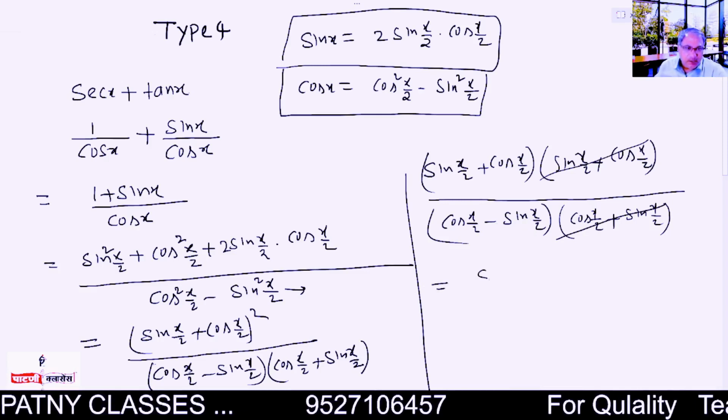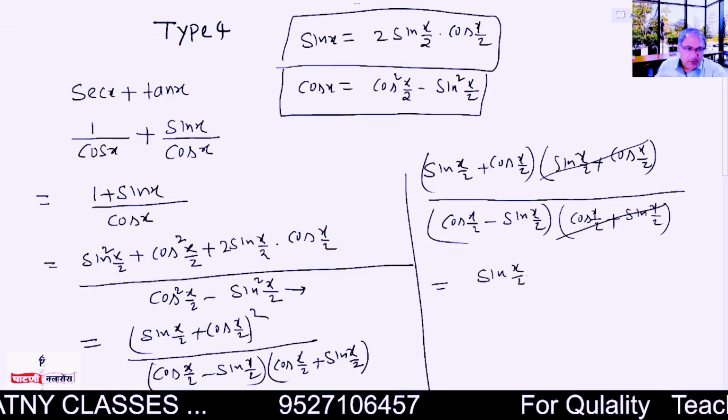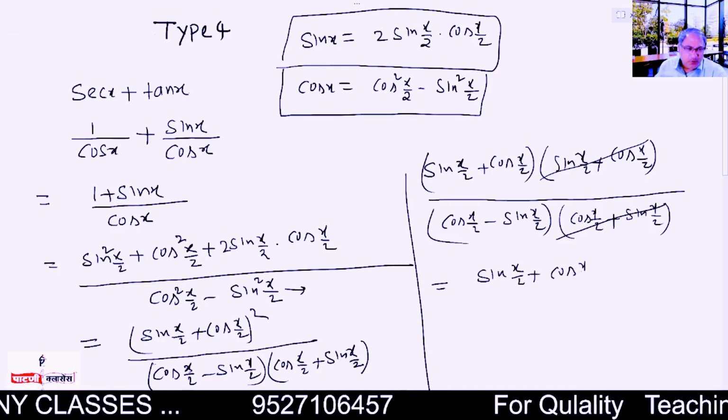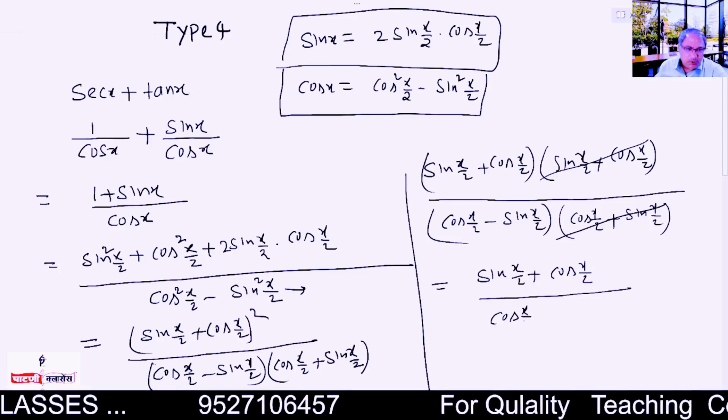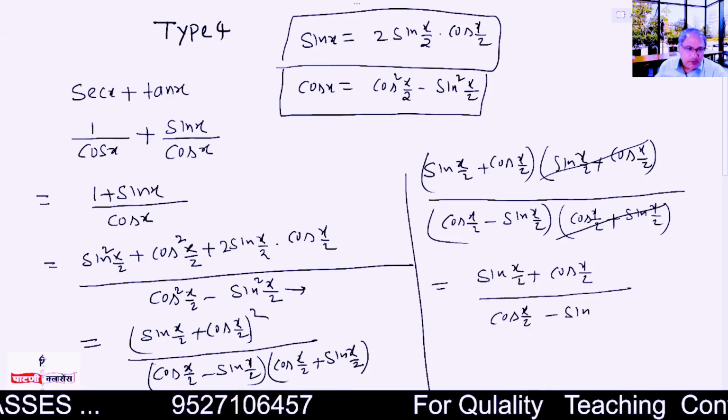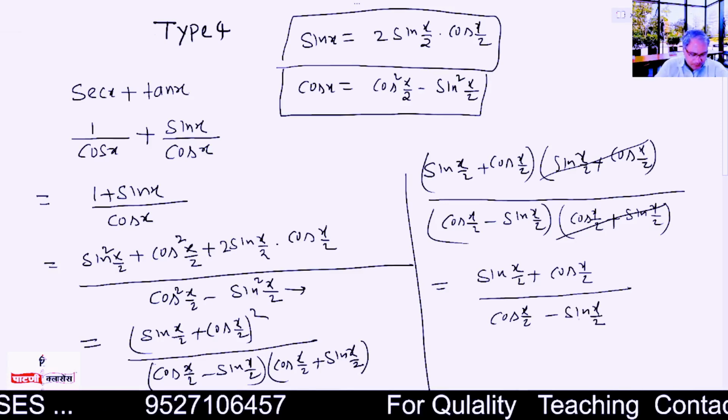I get here sin x by 2 plus cos x by 2 upon cos x by 2 minus sin x by 2.